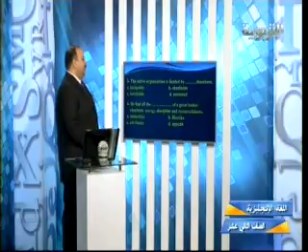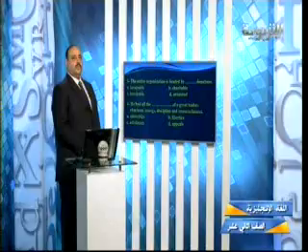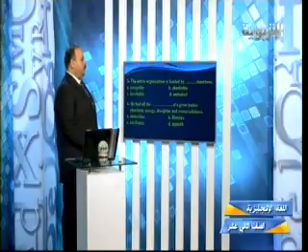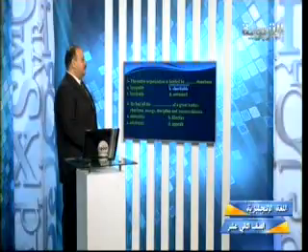The entire organization is funded by blank donations. Incapable, charitable, inevitable, animated. So normally, as I told you, there is a kind of relation between words and each other. Now we have donations, so think about it. Yes, the answer is charitable.